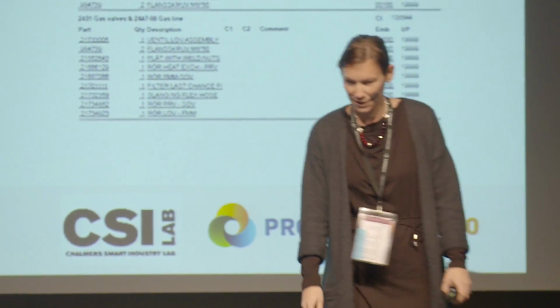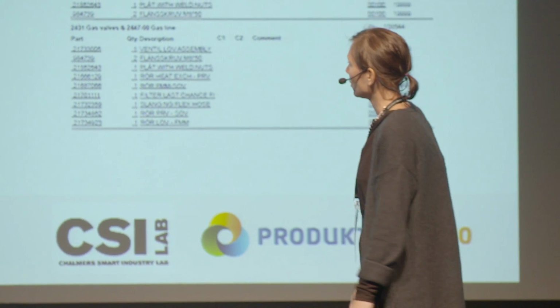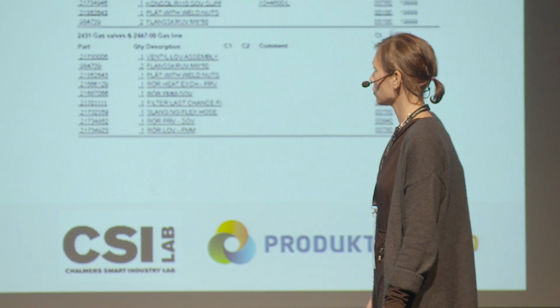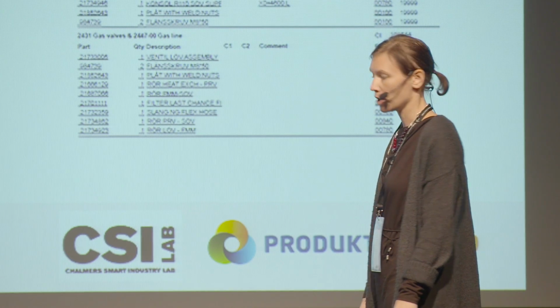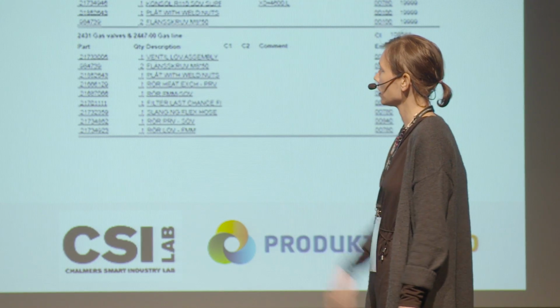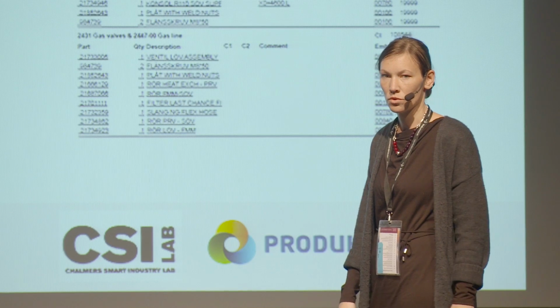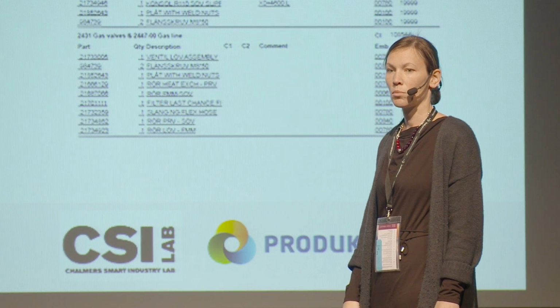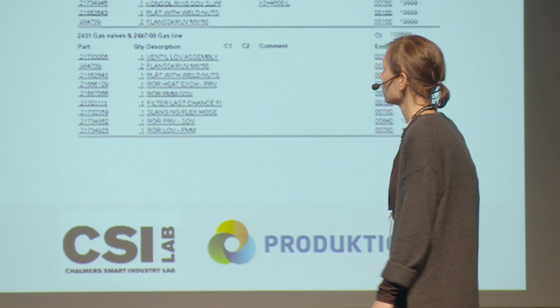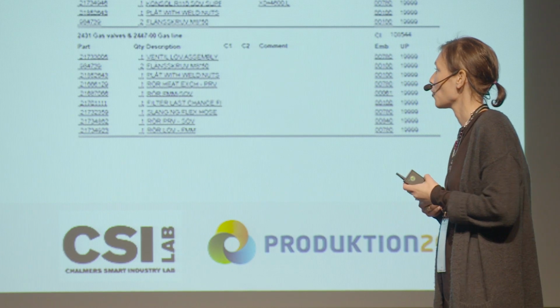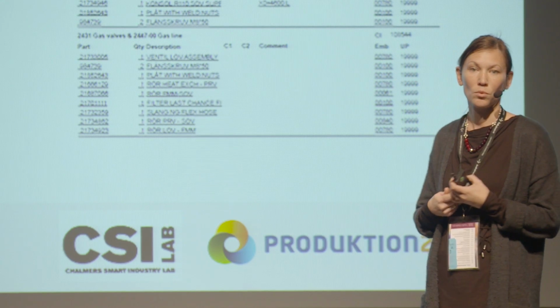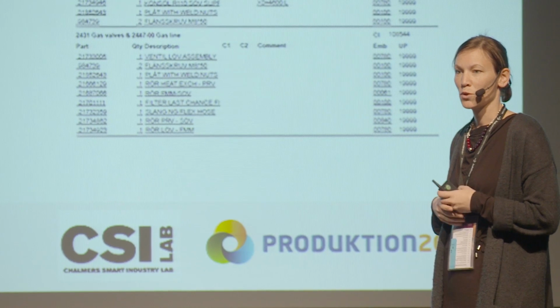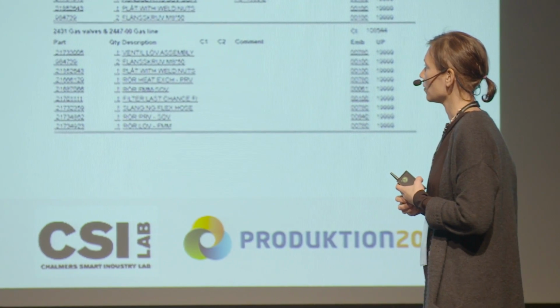It's still text-based, but the operators could actually choose if they want to see more information, so they can click it and then a picture appears on the screen. But it's not done automatically, and as I said, if it costs more than the operators gain, they don't use it. So it's not used that often.